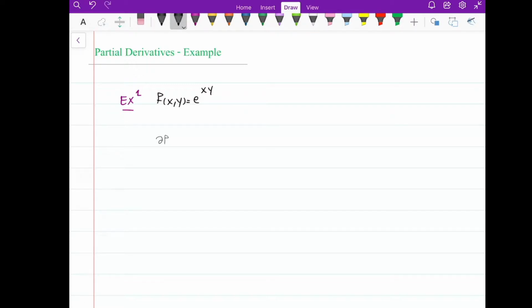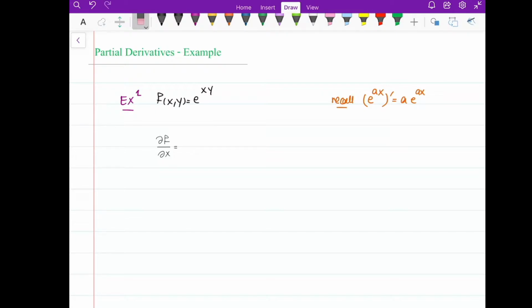So the partial derivative of f with respect to x, I'm going to treat y as a constant, and let me give you a recall. If we have e to the power of some number a times x, the derivative of that would be a times e to the power of ax.